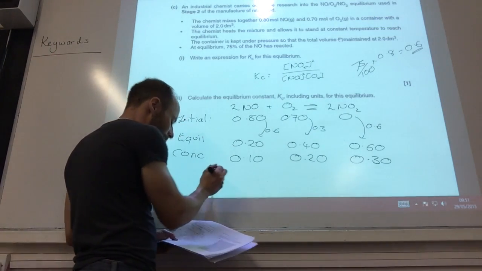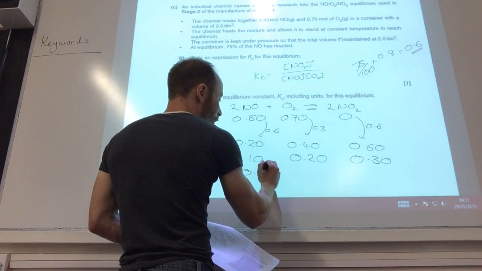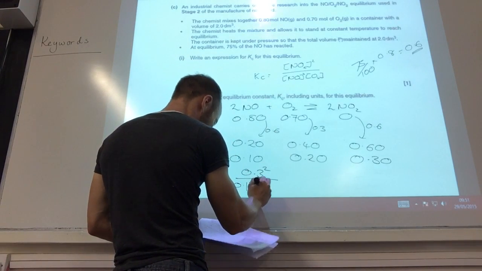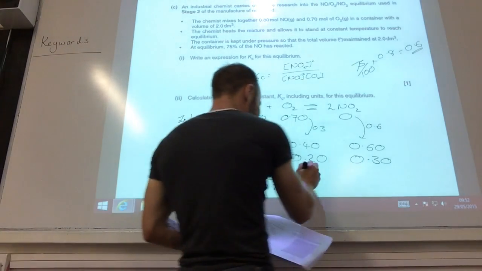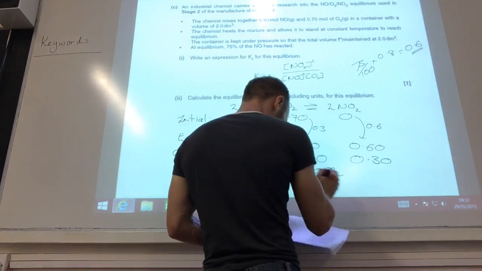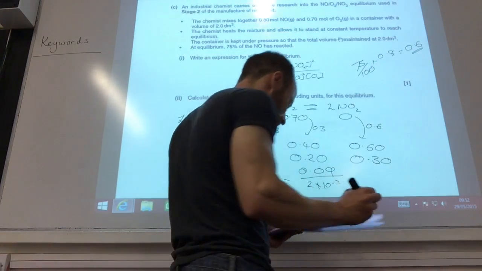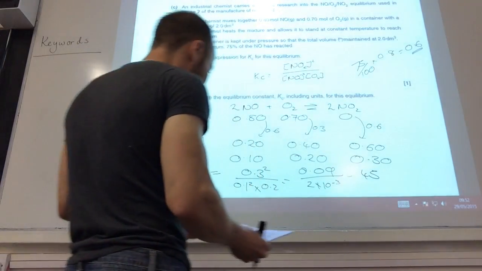And then you pop them into Kc. So 0.3 squared divided by 0.1 squared times 0.2. That equals 0.09 divided by 2 times 10 to the minus 3, which should give you 45.